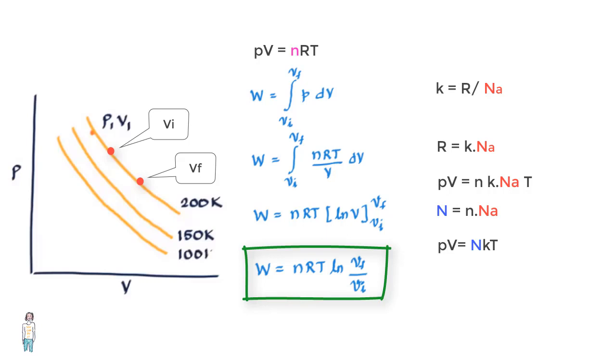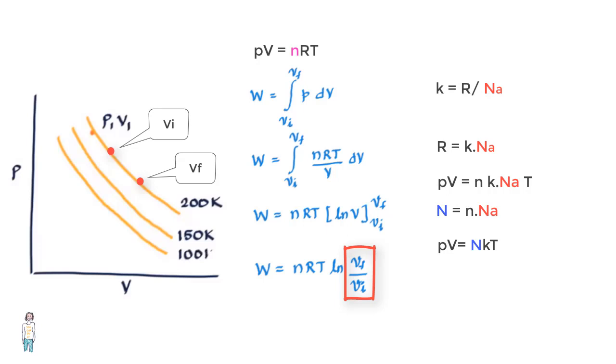So you see, when expansion happens, Vf is greater than Vi and the ratio Vf upon Vi becomes greater than 1, and the natural logarithm of a number more than 1 is positive, and therefore you get positive work done by an ideal gas when the isothermal expansion happens, which is quite in line with what we learned in the last lesson.